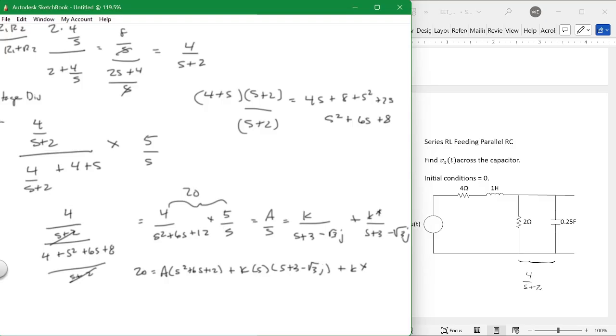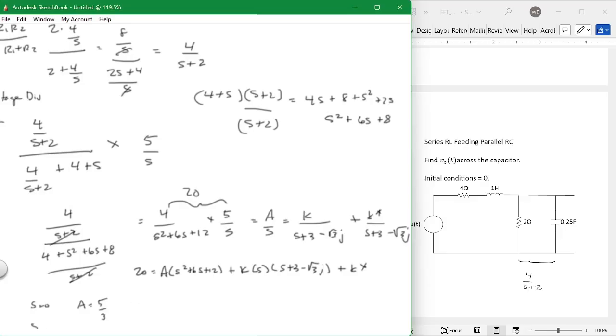So basically I come up with that answer, and then I get my A. Let S equal 0 to find A. A is equal to 5/3.